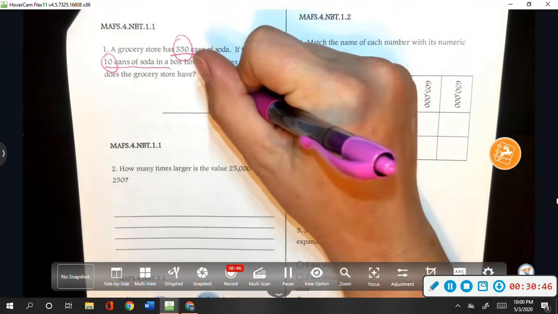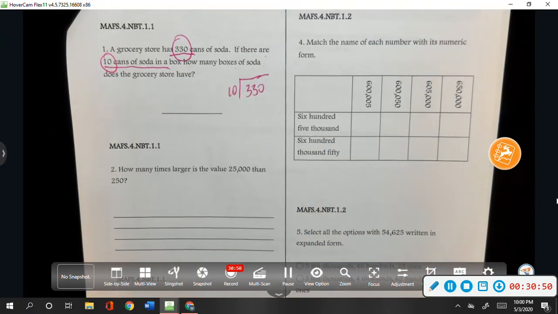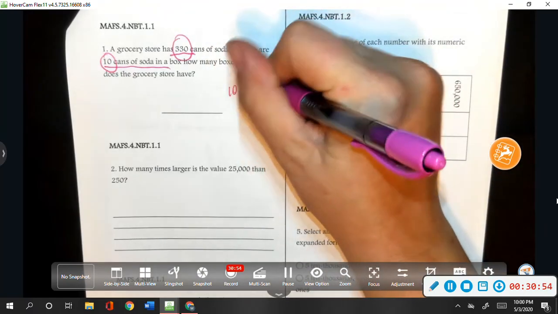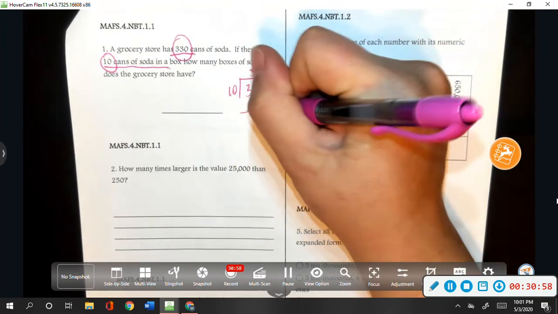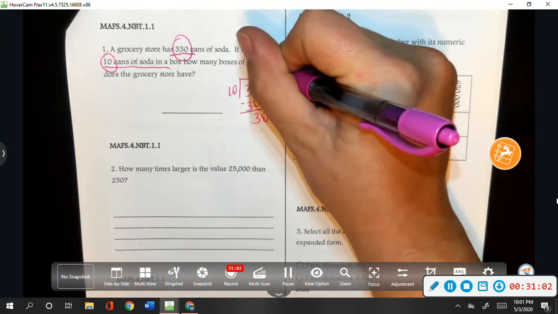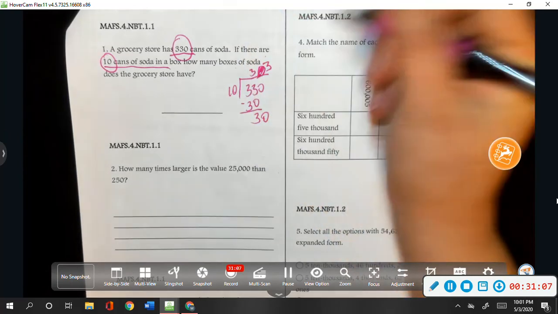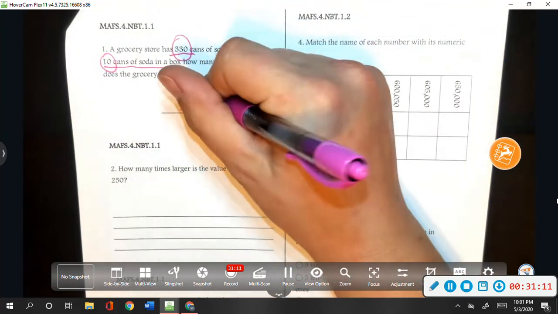So I'm going to do 330 divided by 10. I know that 10 goes into 33 3 times. 3 times 10 is 30. Bring down the 0. Whoops, 10 goes into 30 3 times. So our answer is 33 boxes.